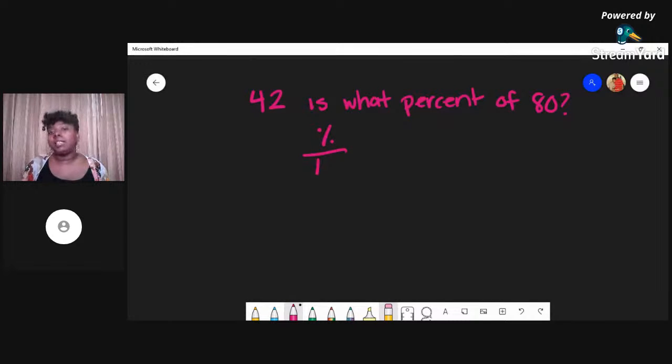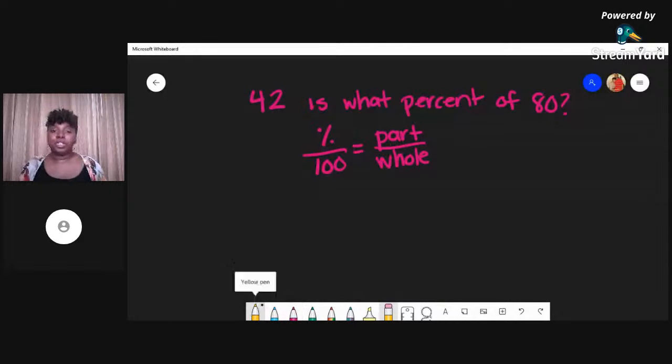Okay, and write this down somewhere because it's going to help you with these percent problems. Okay, so now, first things first, do I have the percent? Do you see anything with the percent sign? 80%.